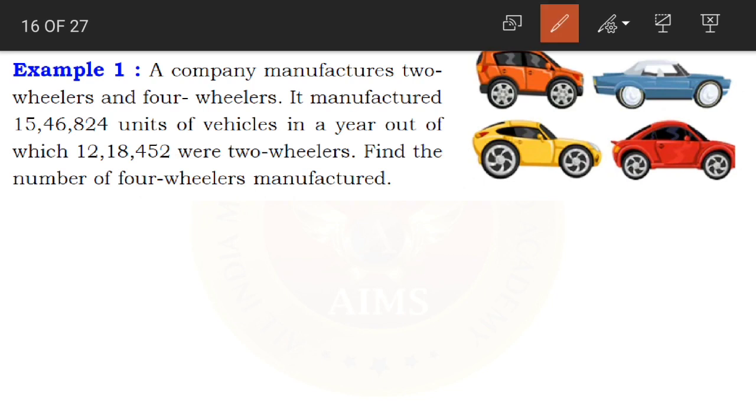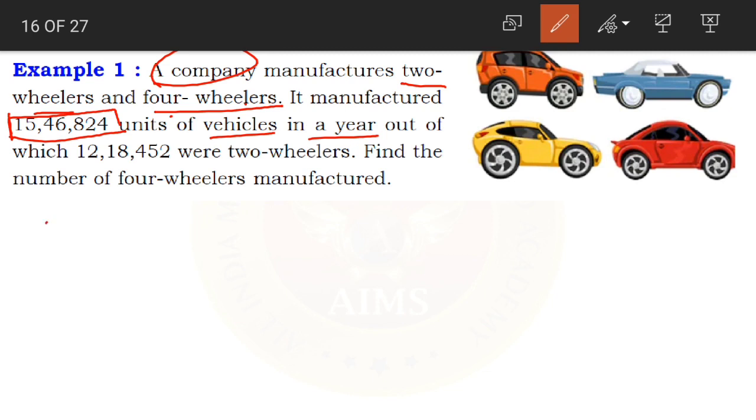Yes children, we have already learnt about two-wheelers and four-wheelers, right? So here we have a company that manufactures both two-wheelers and four-wheelers. Now in a year, how many vehicles did it manufacture? 15,46,824.